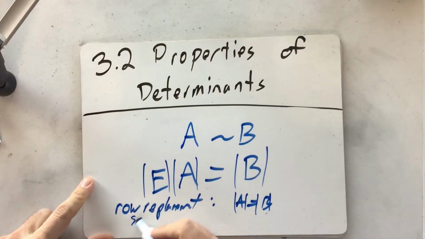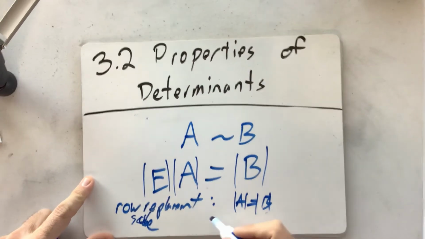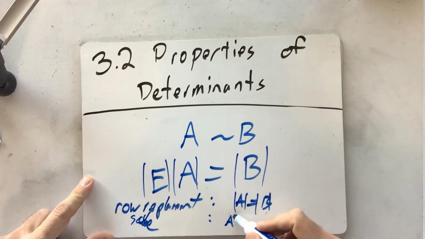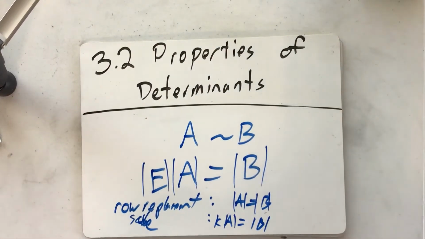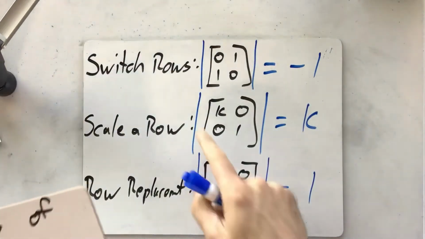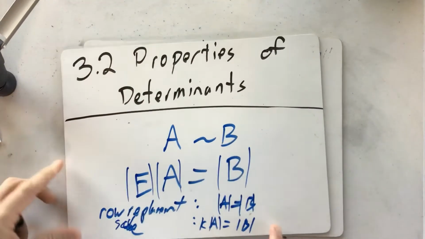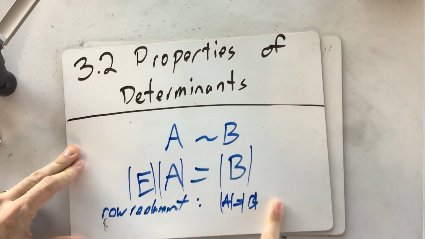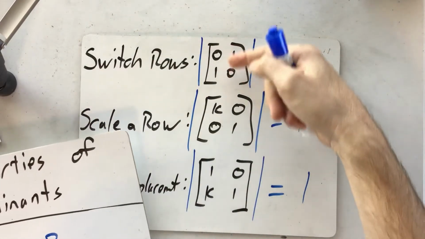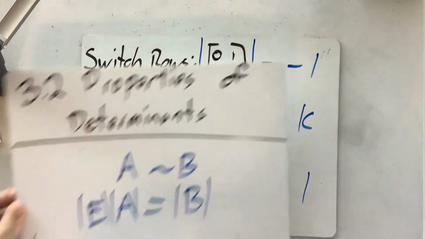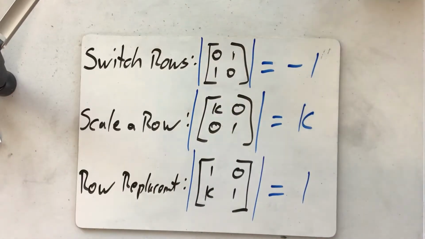If we do a scale, then we have to multiply the determinant of A by whatever that scale is to get the new determinant. So if you scaled some row by 2, your second matrix has a determinant that's twice as big. Finally, if you did a switch rows operation, you'd end up with negative the determinant that you started with. So these determinants behave in a nice and predictable fashion.